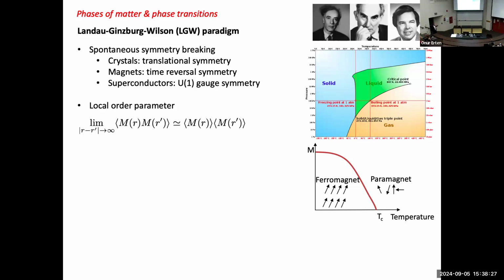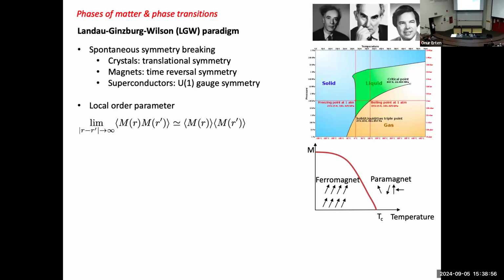And so how do we understand the local order parameter? If we write the 2-point correlation function, in the limit of the distance going to infinity, this two-point correlation function that you are used to from calculating in statistical mechanics can be considered as the expectation value of the magnetization at a point and the expectation value of the magnetization at a faraway point.